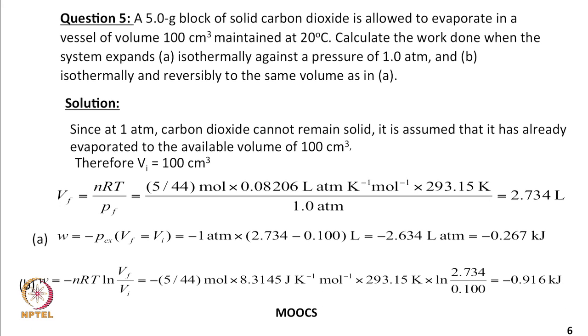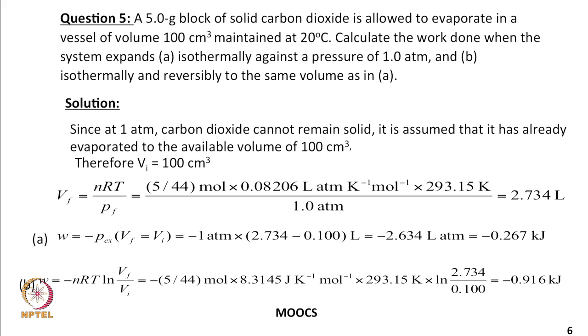And if the same thing were to be done under reversible conditions, part B, the formula to be used is minus nRT log V final over V initial, and the substitution of the various numbers gives a value of minus 0.916 kilojoules.